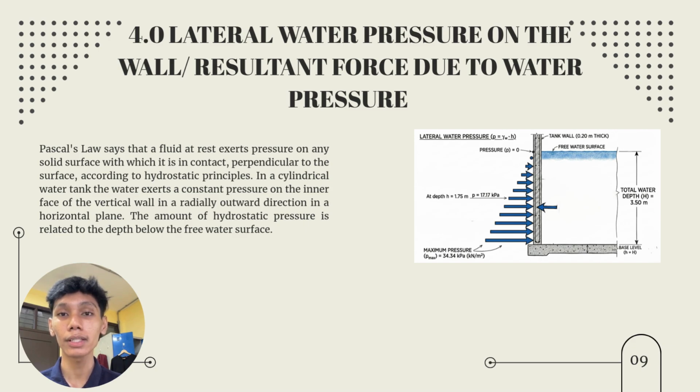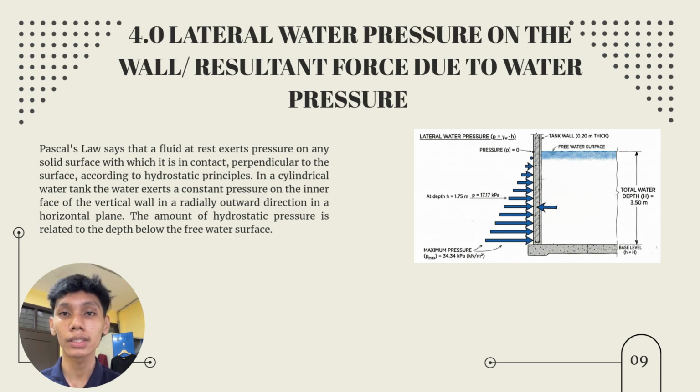So we move to the 4.0 part, which is lateral water pressure on the wall or resultant force of water pressure. In this part, the most important thing to remember from this section is that the pressure on the tank wall forms a triangle because hydrostatic pressure grows linearly with depth.